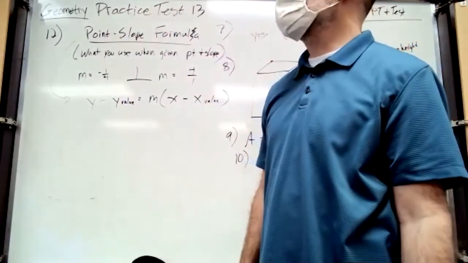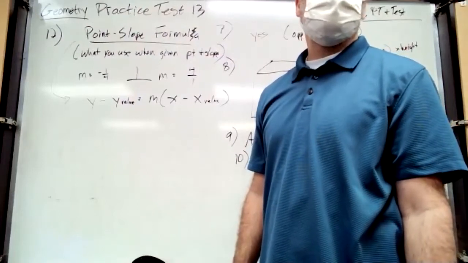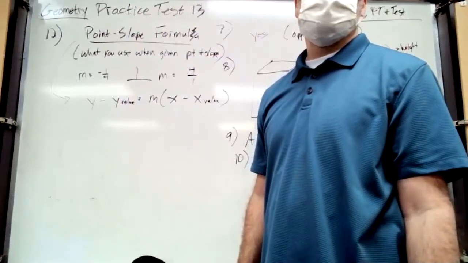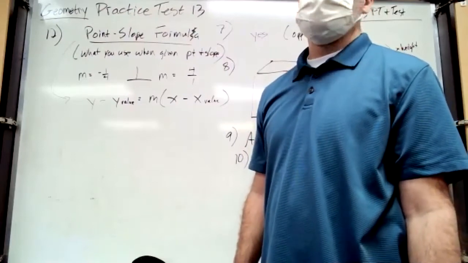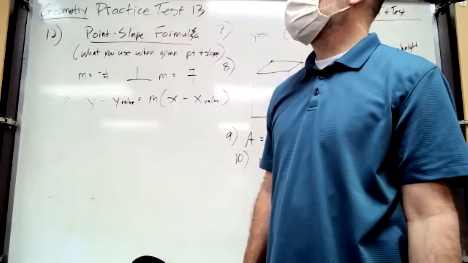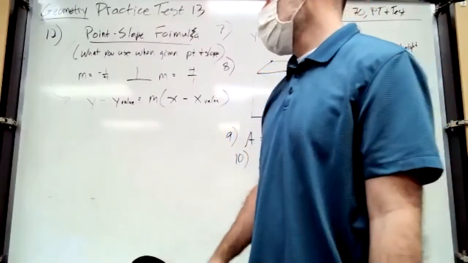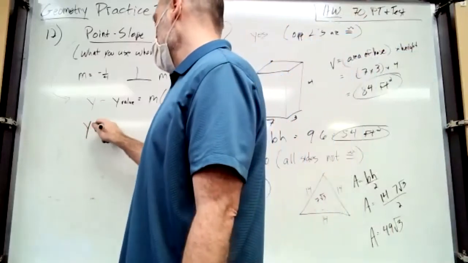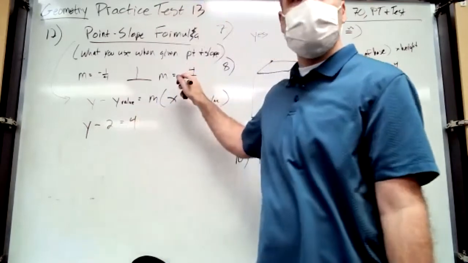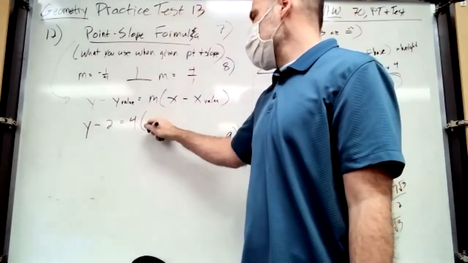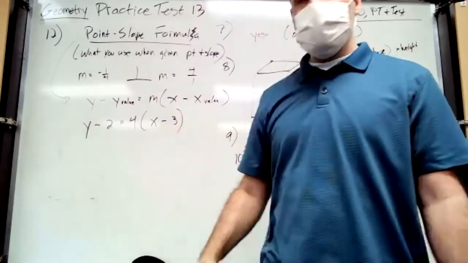Of the point they gave us. What's the point they gave us? 3, comma 2. So what's the y value? 2. y minus 2 equals our slope, which is now 4, right? And what's our x value? 3. So that's it.